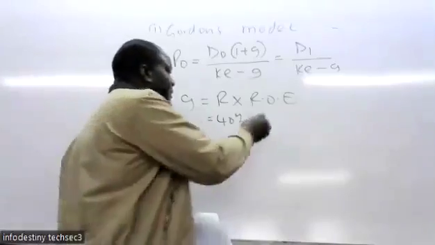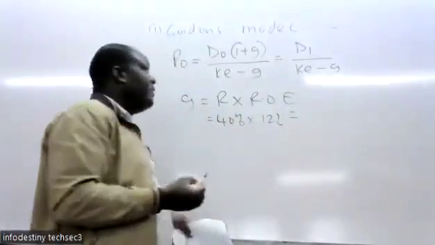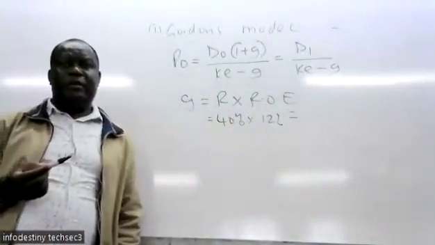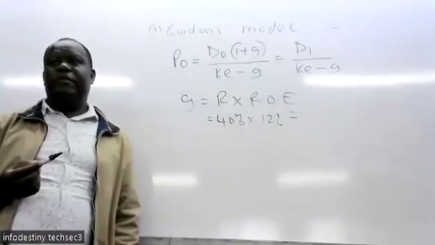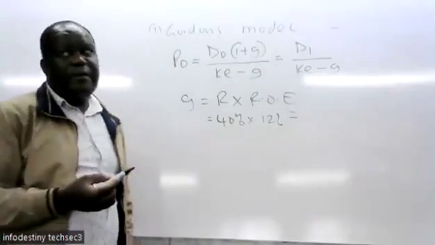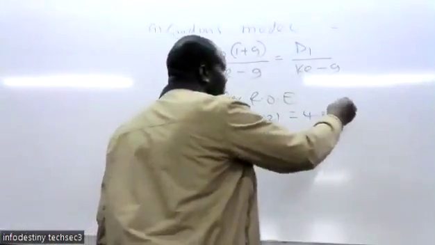So multiply by 12% so that we come up with our g, the constant growth rate. What should be our constant growth rate? We get 4.8%.